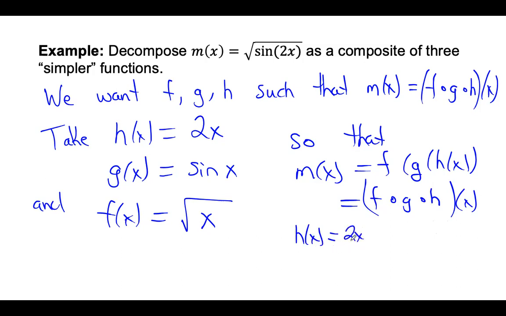So we take 2x first, we plug that in. Then we take our g of x, which is equal to sine of x, and plug our 2x into our sine. Then we take the sine of 2x and plug it into our f of x, which is the square root of x.